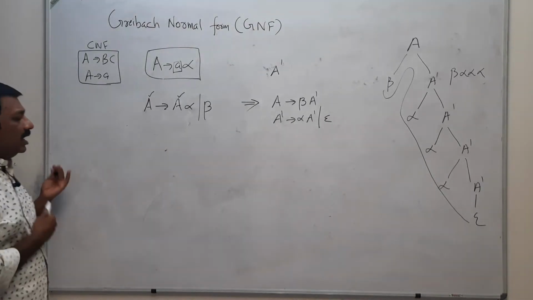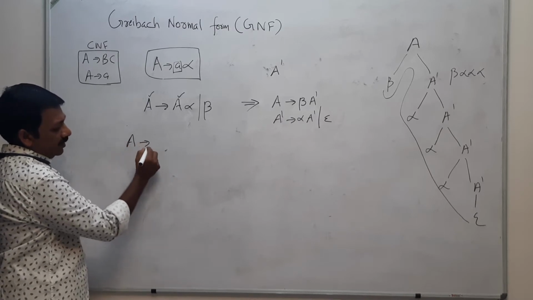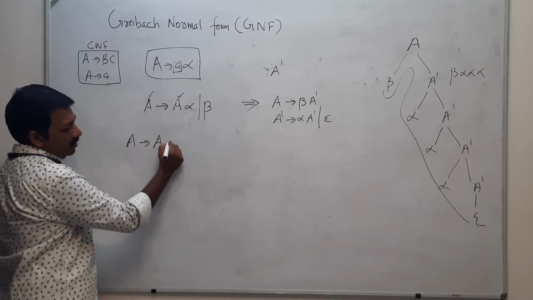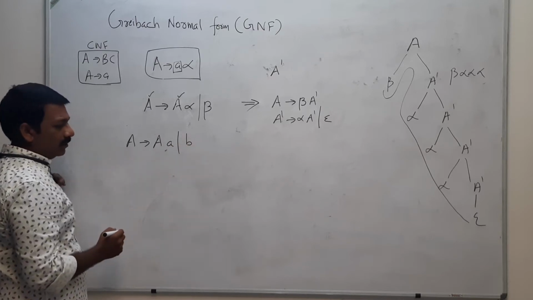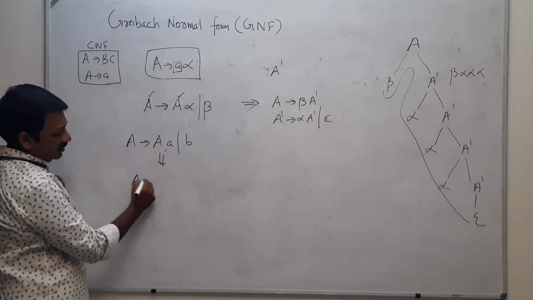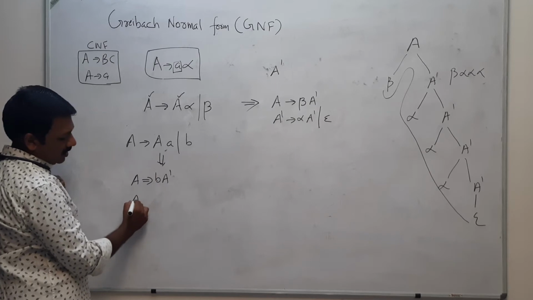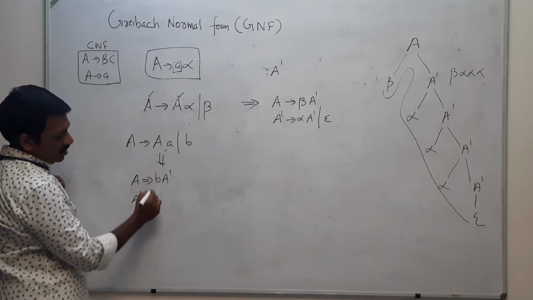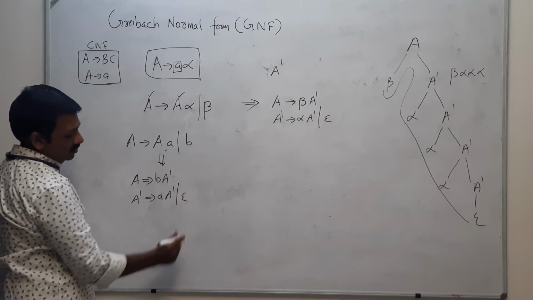Suppose that I have a production, say A derives A alpha or beta. Now I am going to replace this with A derives beta A dash, and A dash derives alpha A dash or epsilon.